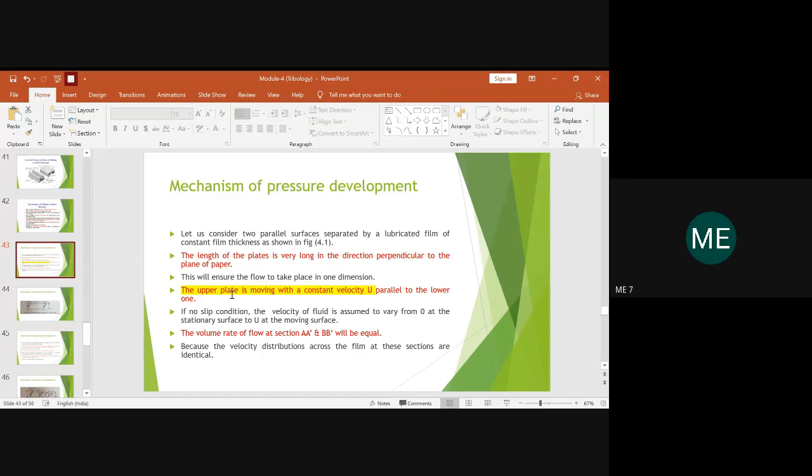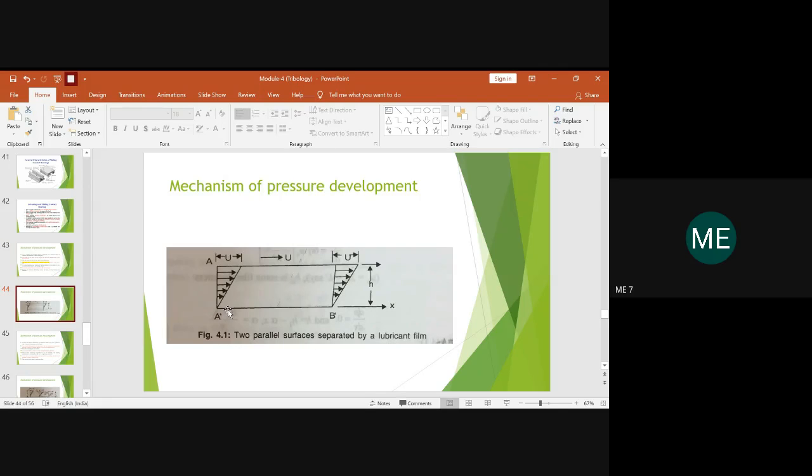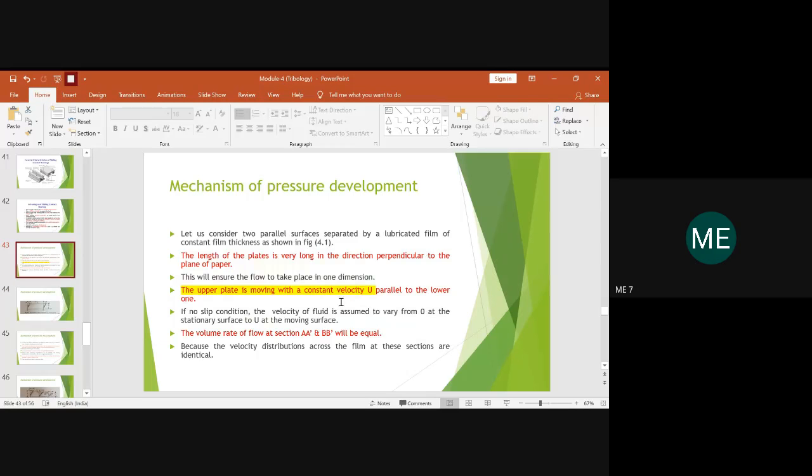The third one is we assume that the upper plate is moving with constant velocity, and the fourth one is we are assuming the no slip condition, wherein the velocity at the fixed plate will be 0 and it will be constant across the top surface, and the other layers of the fluid will be varying. The velocity value will be increasing towards the moving plate. So these are the assumptions you have to understand.